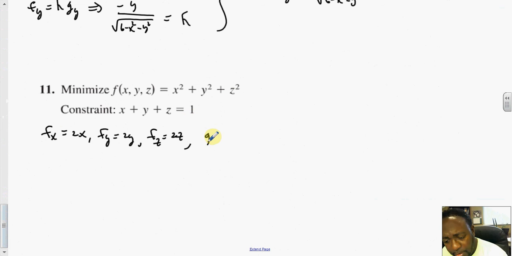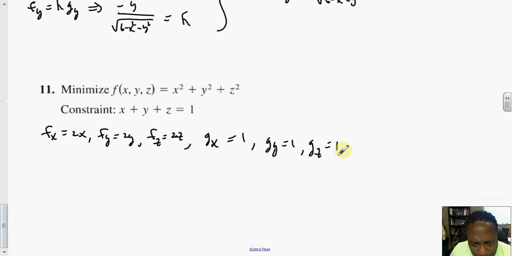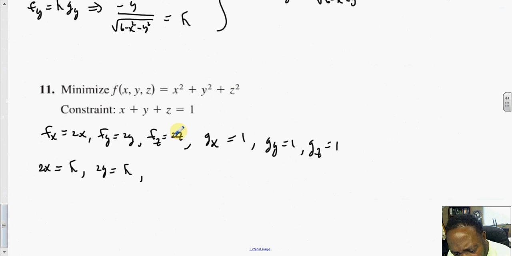Then for the g equation, we find those partials. So now we set 2x equal to 1 times lambda, or just lambda. Then we get 2y is equal to 1 times lambda. Then we get 2z is equal to 1 times lambda.